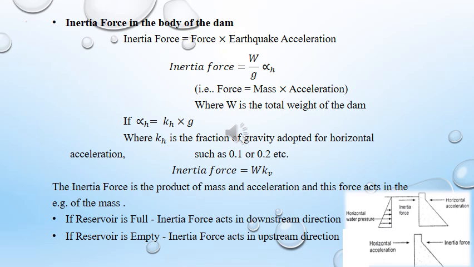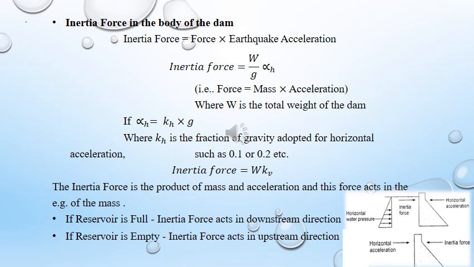Inertia force in the body of dam. The horizontal acceleration produces an inertia force in the body of dam. This force is generated in order to keep the body and foundation of the dam together as one piece. The direction of the produced force will be opposite to the acceleration imparted by the earthquake.